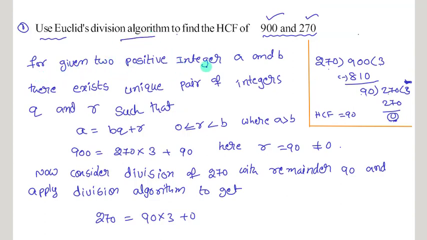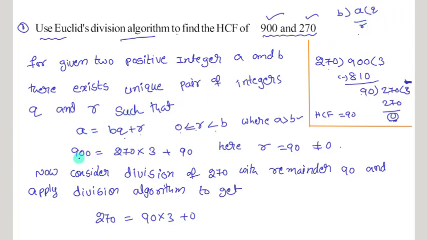For given two positive integers a and b, there exists a unique pair of integers q and r such that a = bq + r, where 0 ≤ r < b, and a is greater than b. That means on dividing a by b, there will be a quotient and a remainder. This is the Euclid division algorithm.